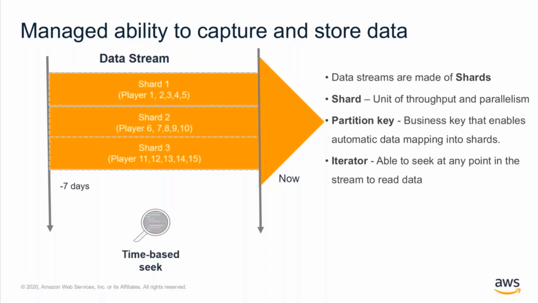The iterator enables you to achieve certain guarantees, such as at-least-once processing, where you can keep track of the last record that was processed. If there's a failure in your downstream applications, when it comes back, it knows where to pick the processing from. So those are some of the foundational elements of Kinesis Data Streams.